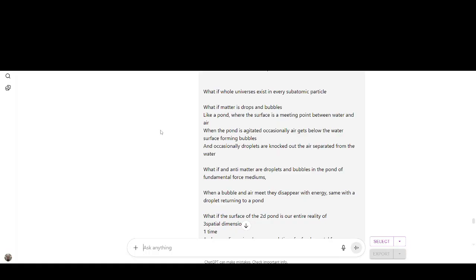Yeah, so there's that. But again, this is kindergarten stuff, but you could interpret droplets as isolated parts of waves.